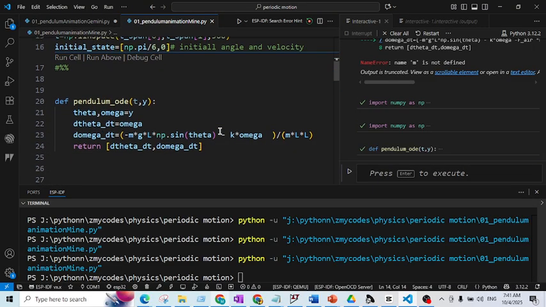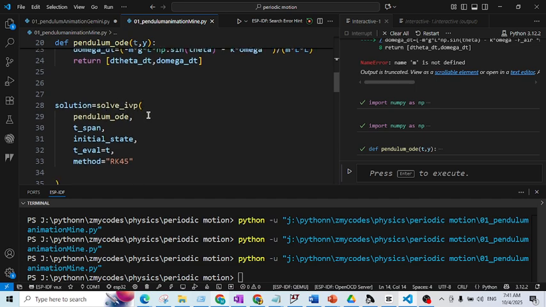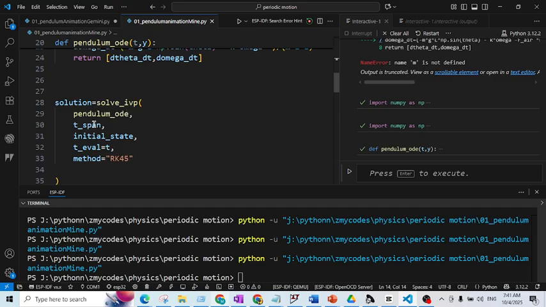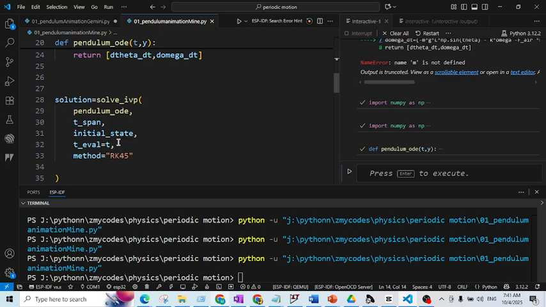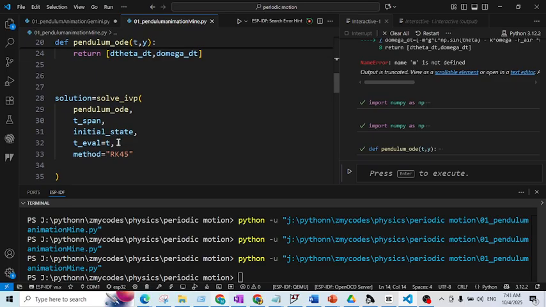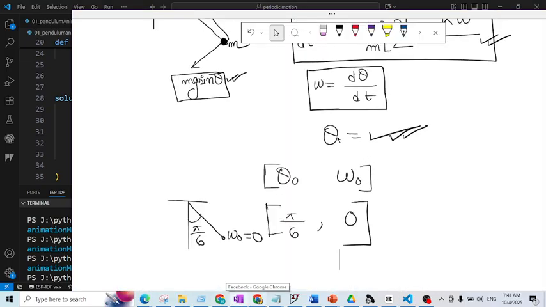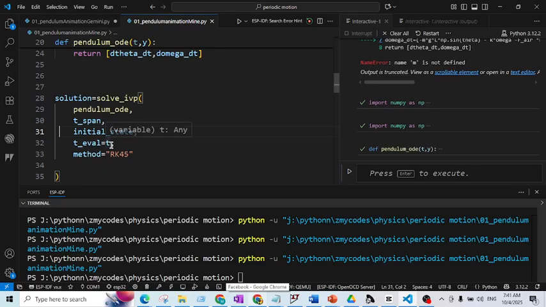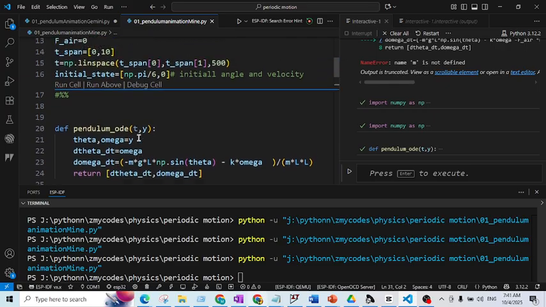Okay, so inside the solution variable I have pendulum ODE, t_span, initial state, then t_eval, which means at which times we want to find the solution. I will find theta, so I have to choose at which times I want to find the value of theta.